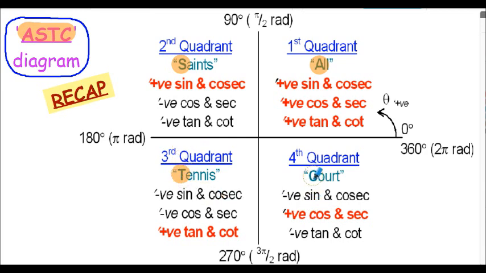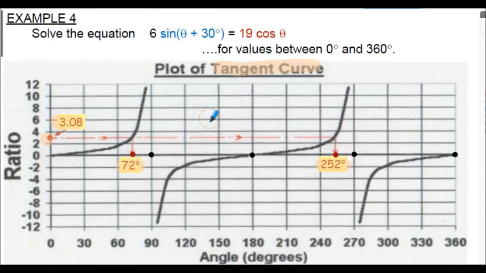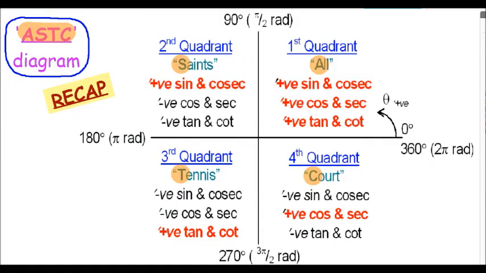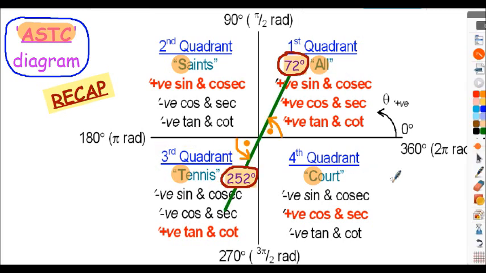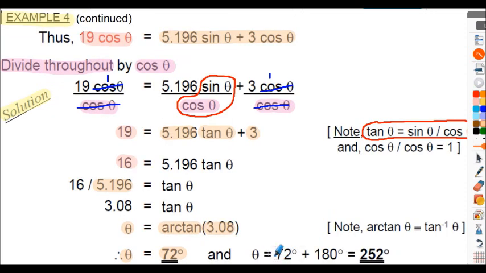And in the fourth quadrant, only the cosine function has a positive ratio. So as our tangent ratio is positive 3.08, our solutions occur in the first quadrant and in the third quadrant. So our second solution for theta.